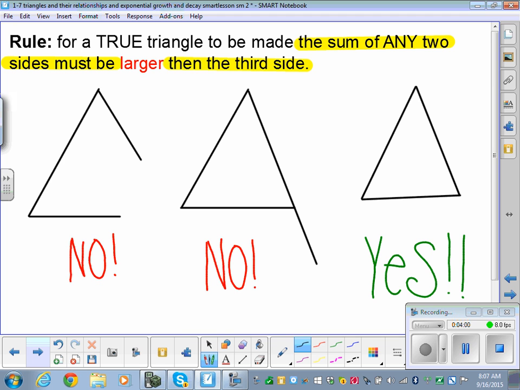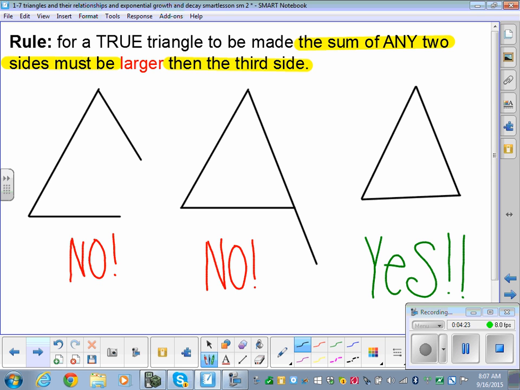Now we're moving on to the next thing of triangles. This is an interesting rule, and you see it a lot more when you get into more advanced math, next year when you start dealing with laws of sines and cosines. But this year you need the basic idea of what makes a triangle truly a triangle.